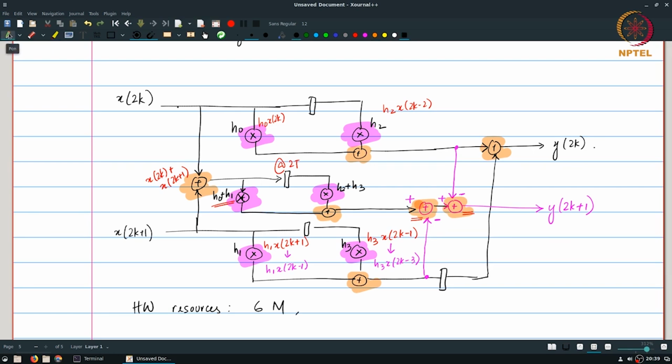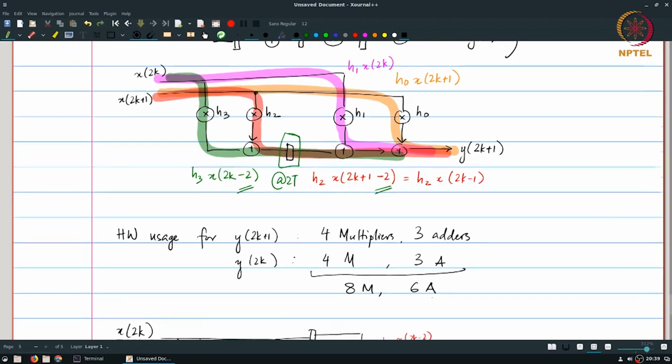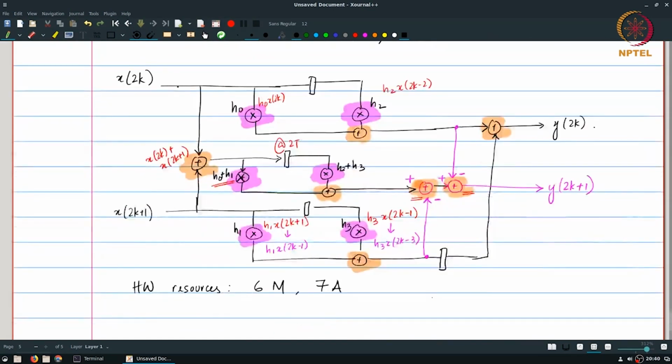In other words, I'm assuming that the complexity of an adder and a subtractor at least are the same. So I have 6 multipliers and 7 adders. What did I have to start with? Over here I had 8 multipliers and 6 adders. In the new architecture I have 6 multipliers and 7 adders.